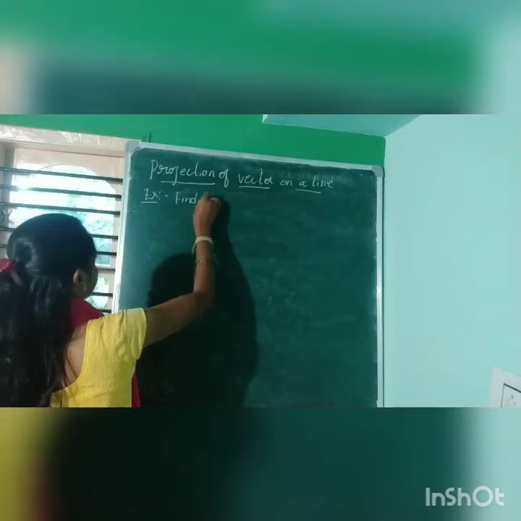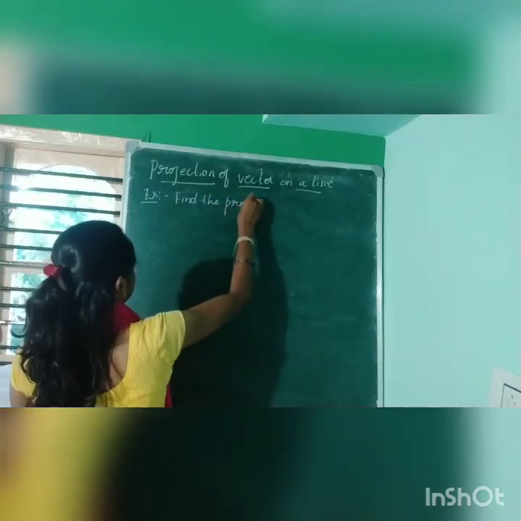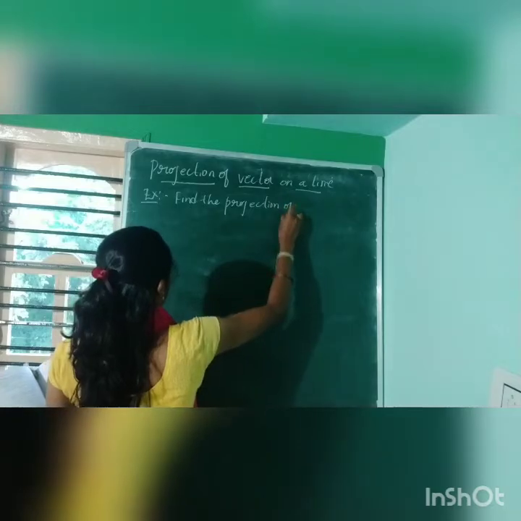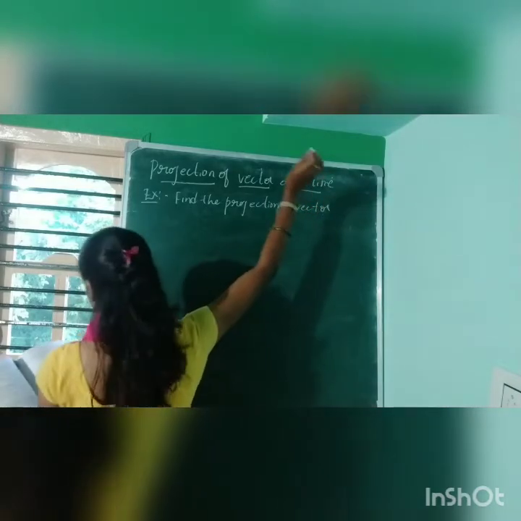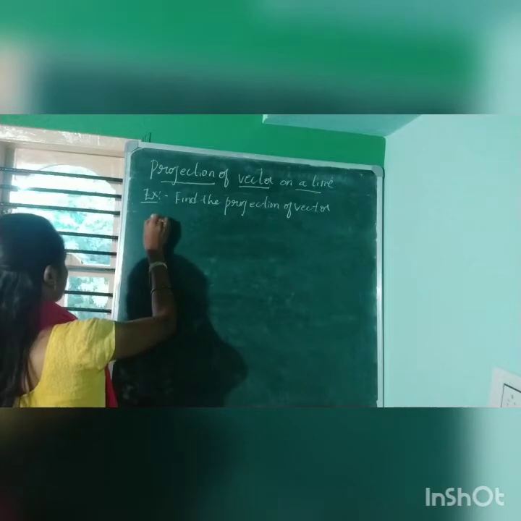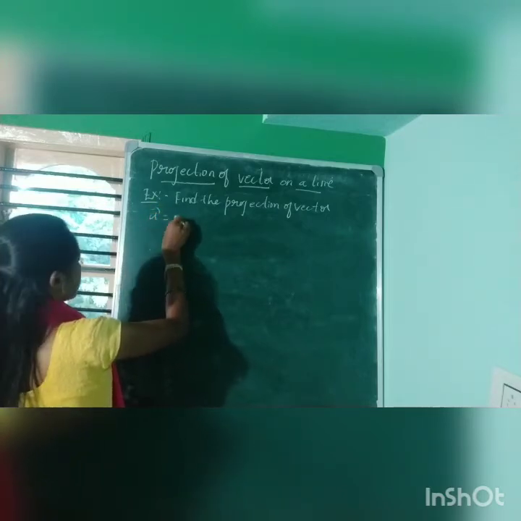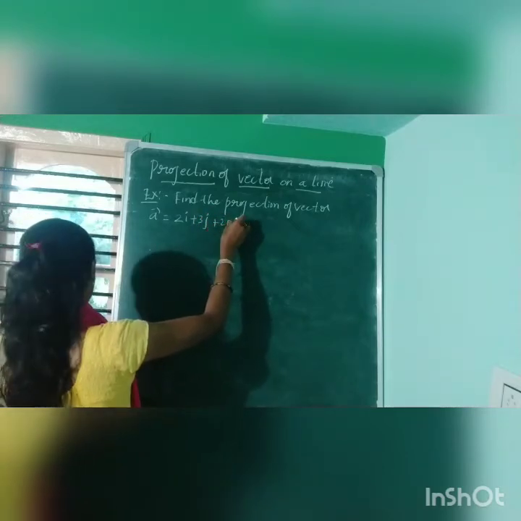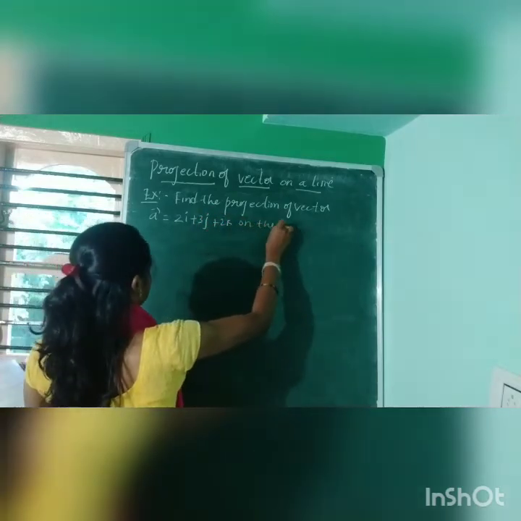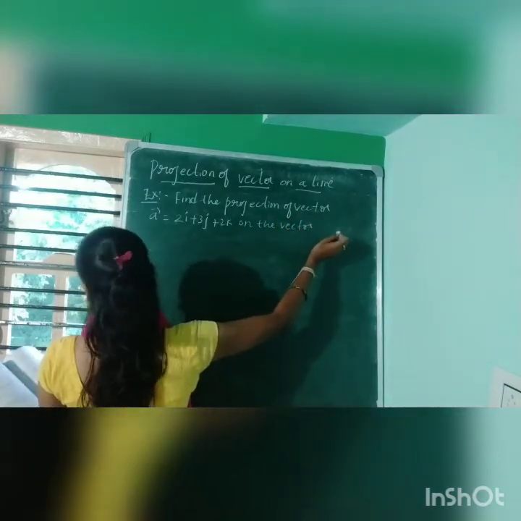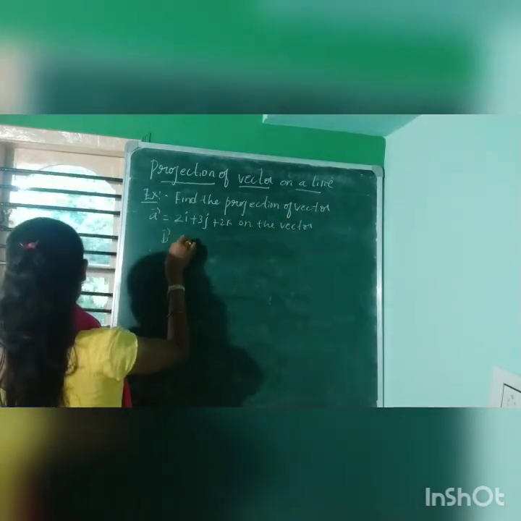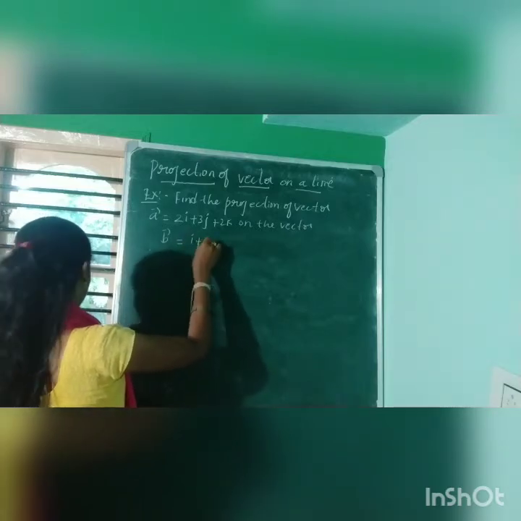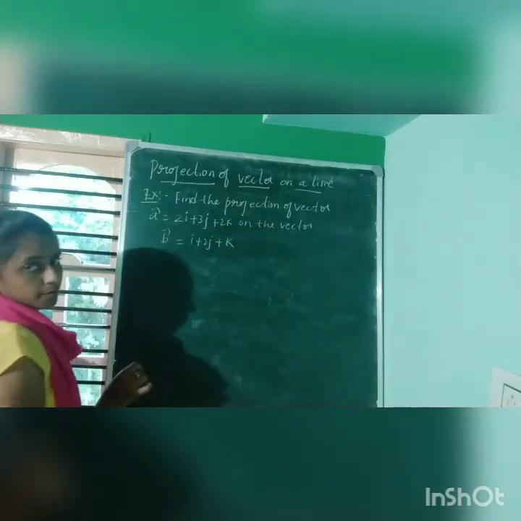Find the projection of vector A, which is 2i plus 3j plus 2k, on the vector B, which is i plus 2j plus k.